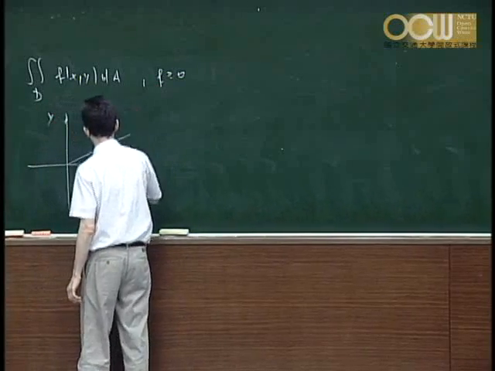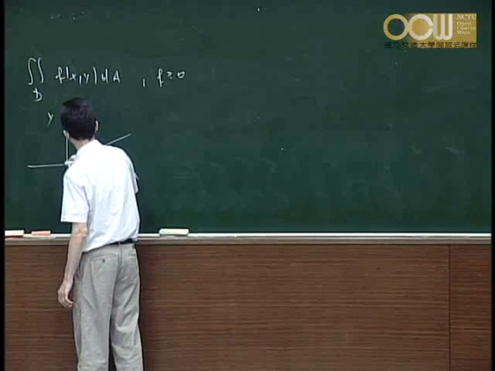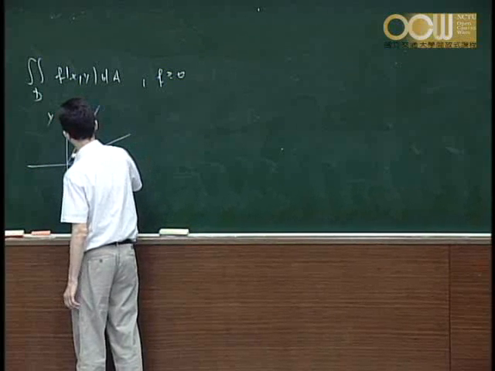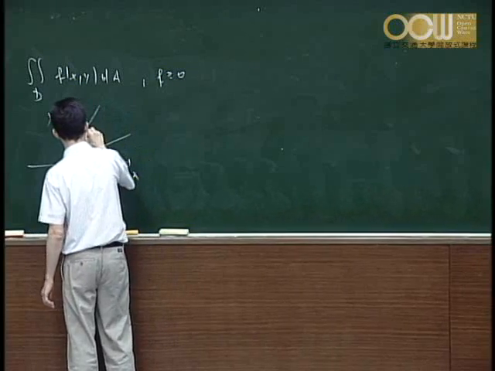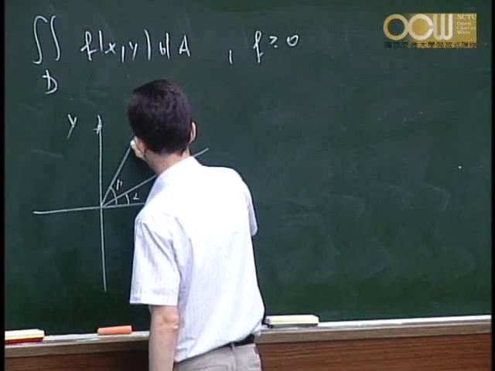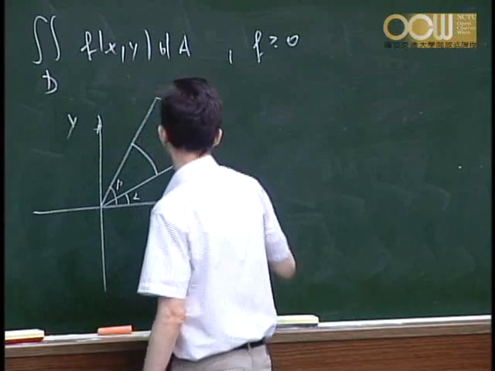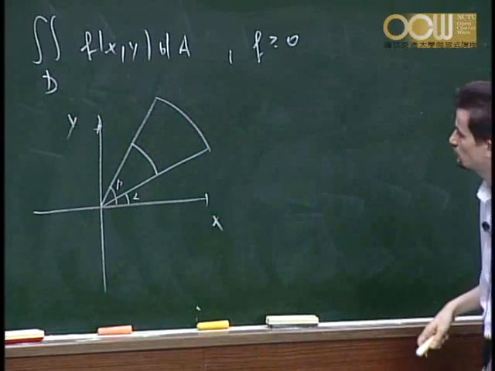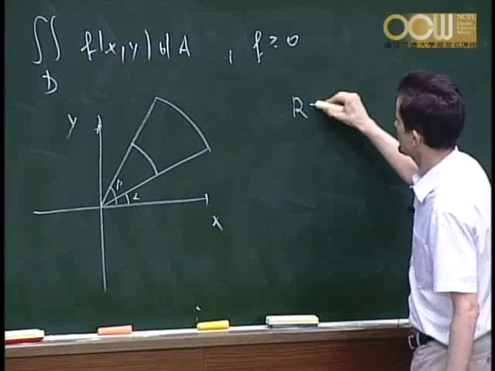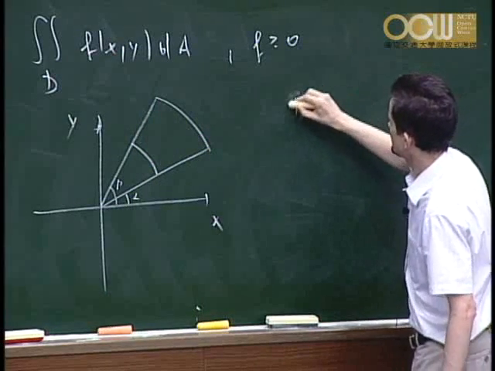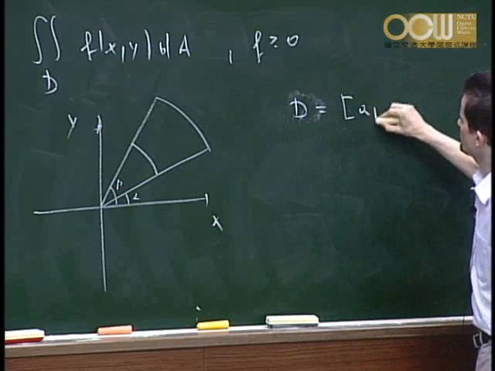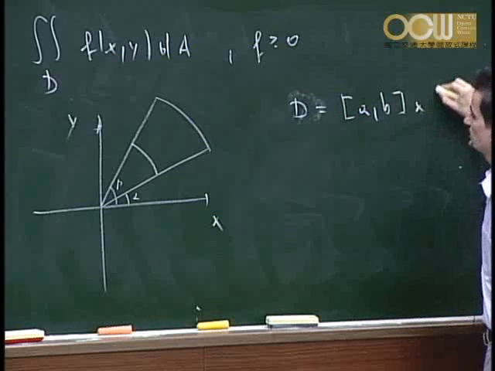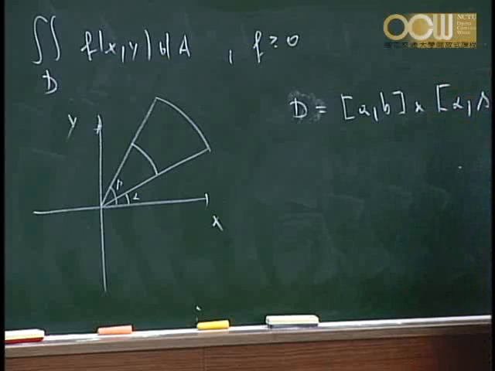You have some angle alpha and another one, beta, and we have the easy situation where the radius goes from some A to B. So our rectangle D in polar coordinates is given by [A, B] for the radius and [alpha, beta] for theta.